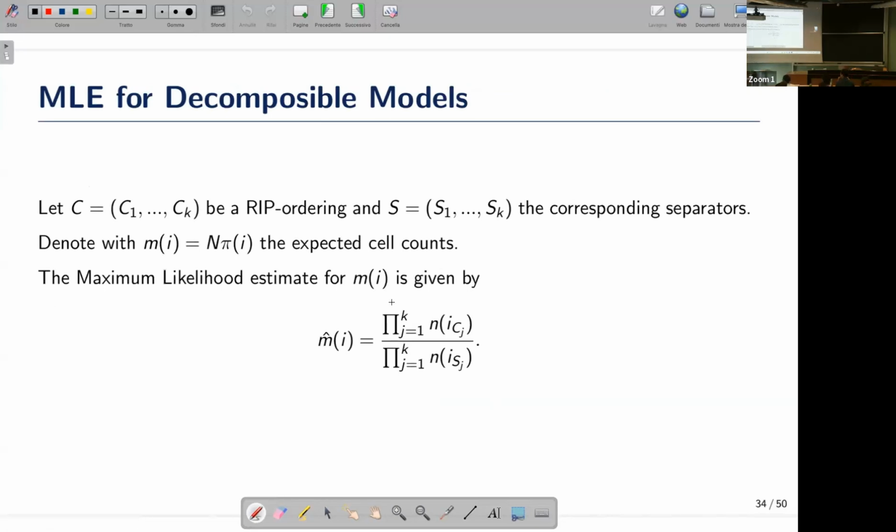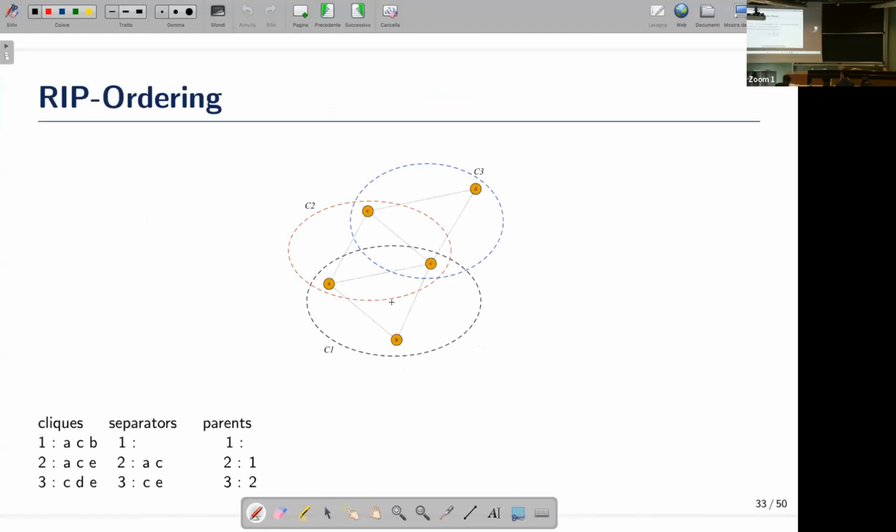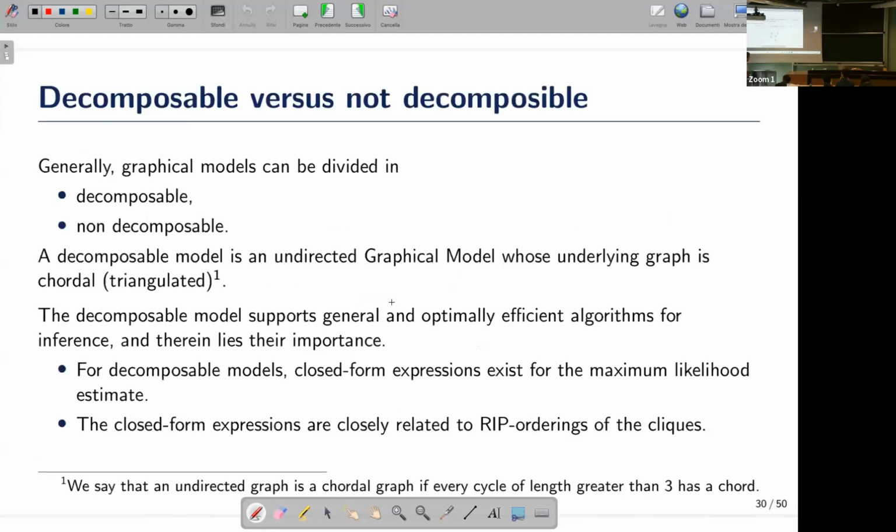A decomposable graphical model is an undirected graphical model which is chordal, sorry, not non-chordal. So in the undirected graphical models, you have graphs that are undirected, right?